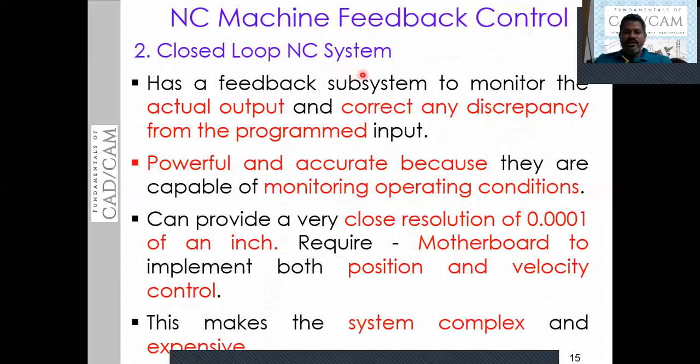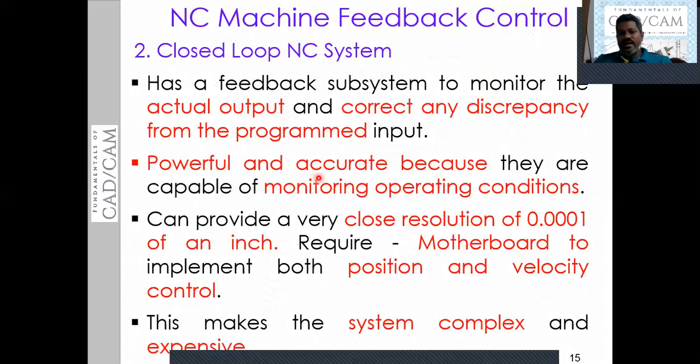It is having control. If there is any error in the movements of the tool or in the movement of the table, those error movements will be rectified in the case of the closed loop NC system. This is the drawback of the open loop NC system, so that error will be rectified in the case of the closed loop NC system.